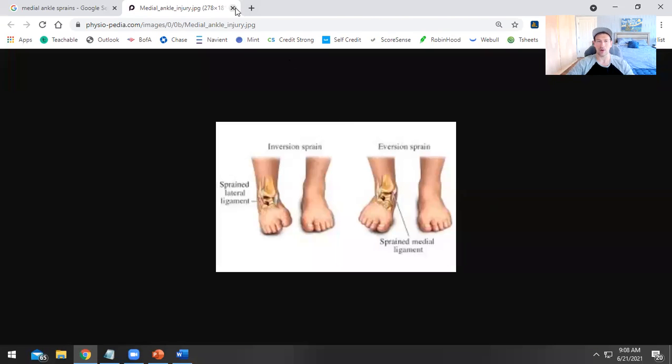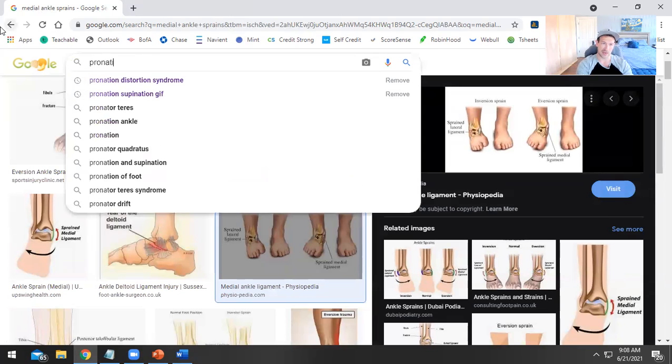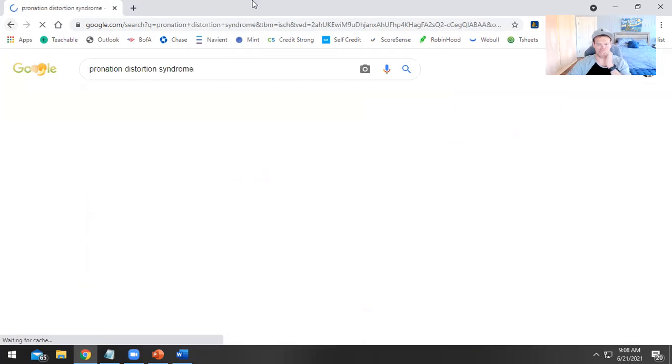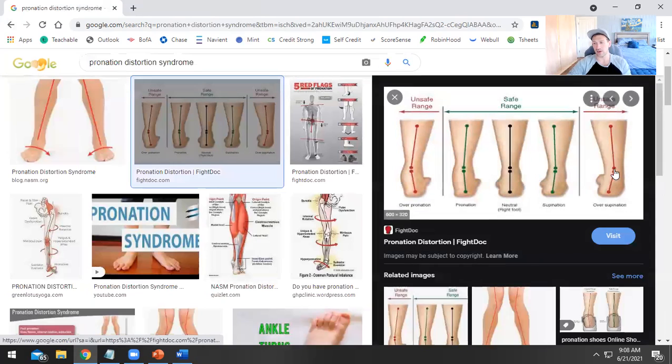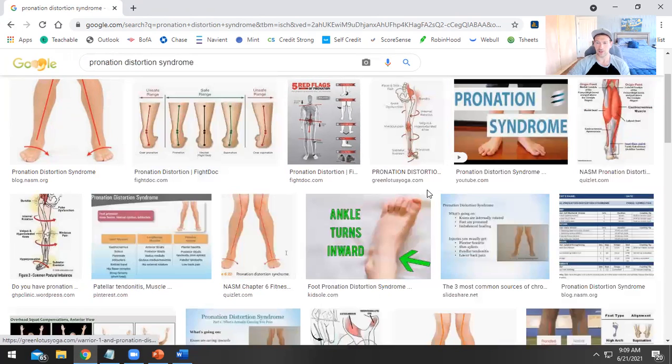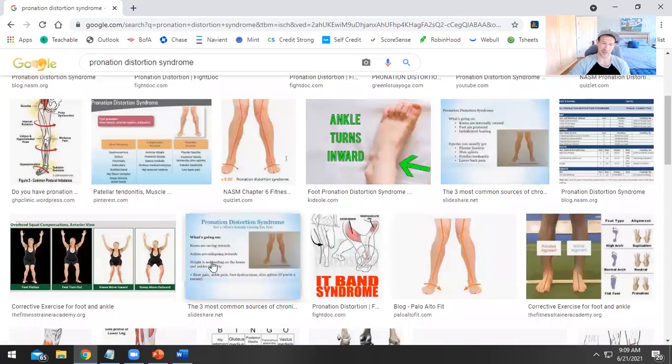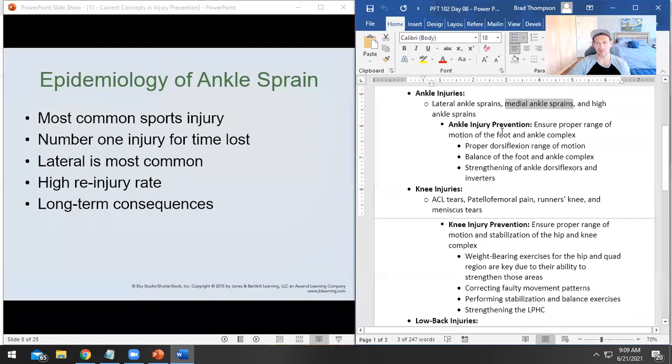Our clients sit in pronation distortion syndrome, a very common posture we see. This side is not as flexible as it's supposed to be, so we see a sprain on one side and an overstretch on the other, which is definitely not what we're looking for.